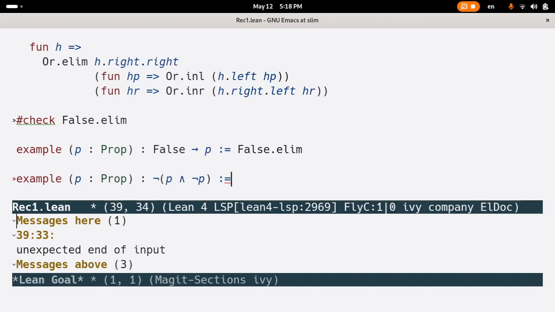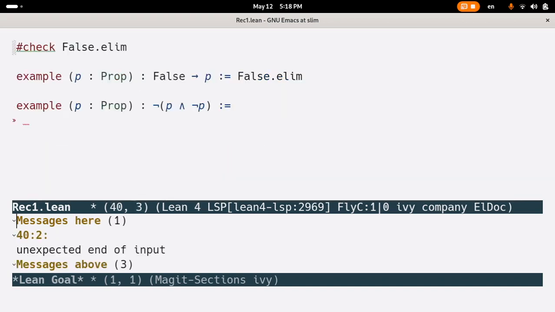So we already have all the ingredients necessary to handle negation. I have to write a function to prove it since it's an implication. You can see that H has type P and negation P, and using this, we have to produce a proof of false.